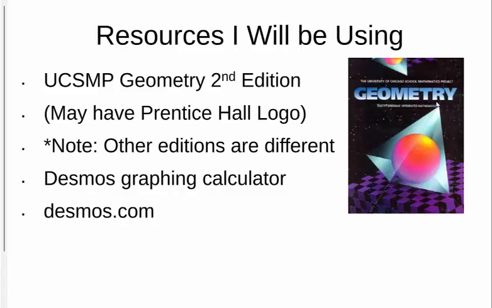If it has something different, like a wheel on the front, it is not the exact same book. All other editions are different. They have many of the same sections, but some combine, some put apart, and move things around. I am following this book. So if you're wanting to actually follow along and use this as a course, you need this book.